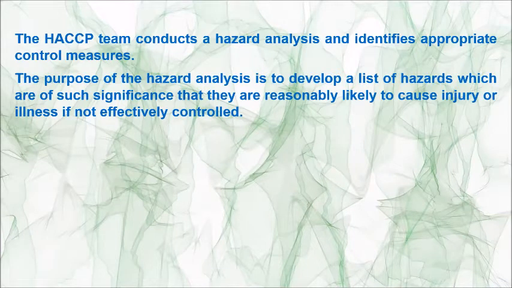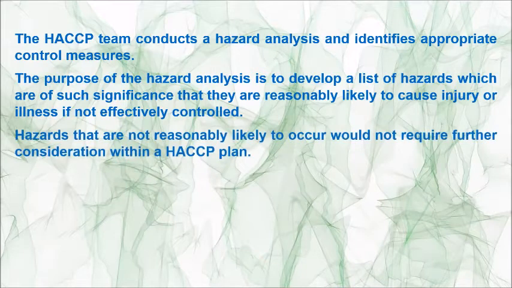So why do you need to do this analysis? So that you can jot down a list of what kind of hazards are present at different stages, and if this continues into the process, what will happen, or if it gets into food and is consumed, what kind of illness people can end up with.